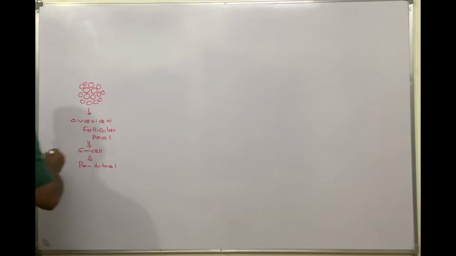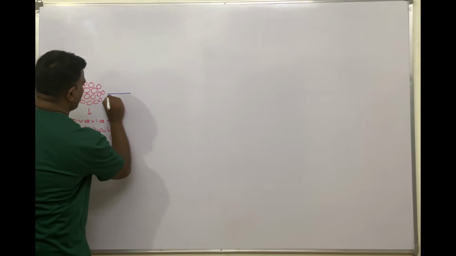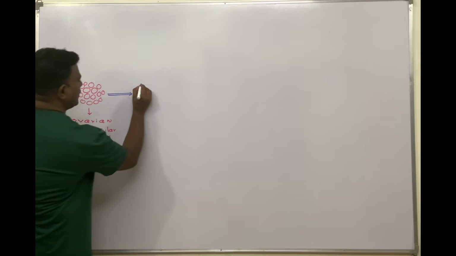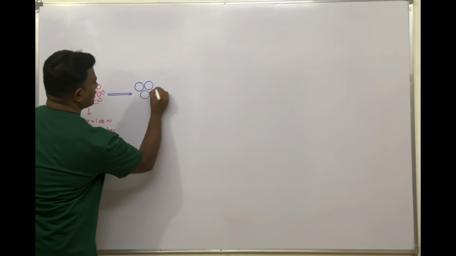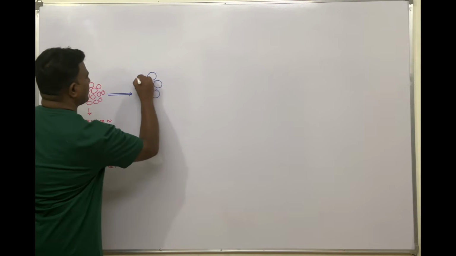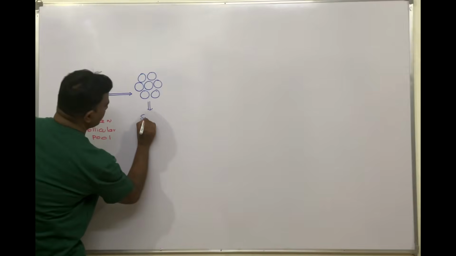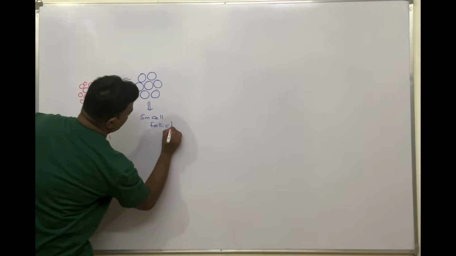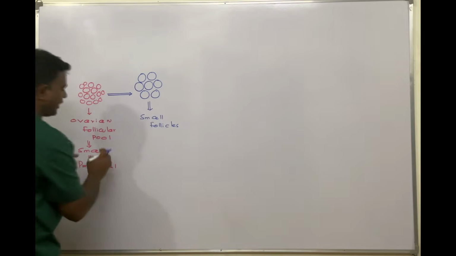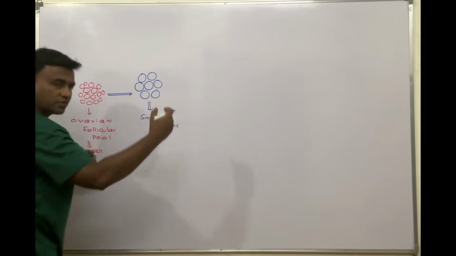Now if you can see my blue arrow, they develop further, they do not divide, they develop. You can see the size is increasing. These are a group of small follicles, converted from pre-antral, going towards secondary pre-antral and tertiary pre-antral.